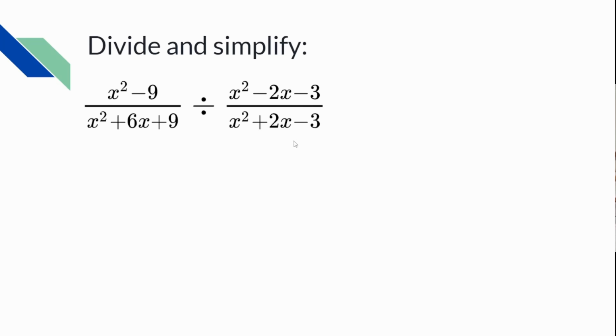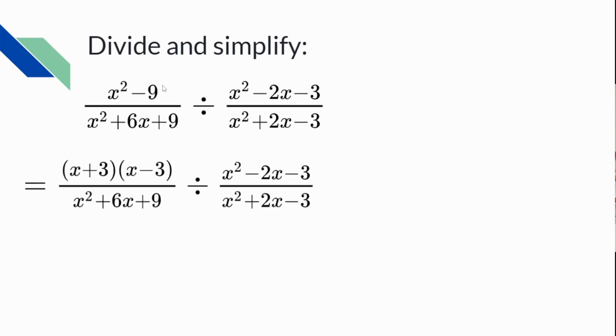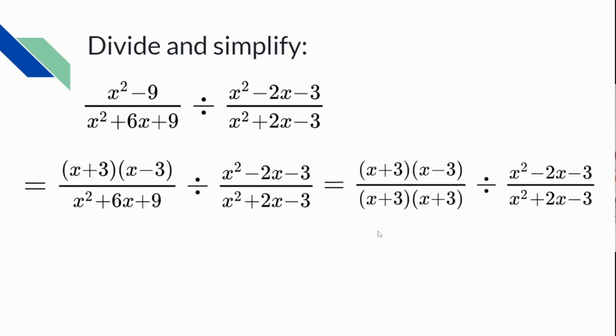All right? So up top, x squared minus 9, that is the difference of squares. Okay, so it factors as x plus 3 times x minus 3. All right? X squared plus 6x plus 9 can be factored as x plus 3 times x plus 3. Right? That's a perfect square trinomial. All right?